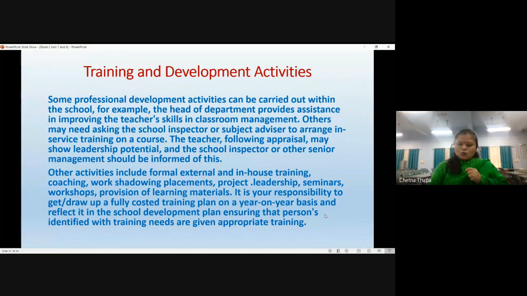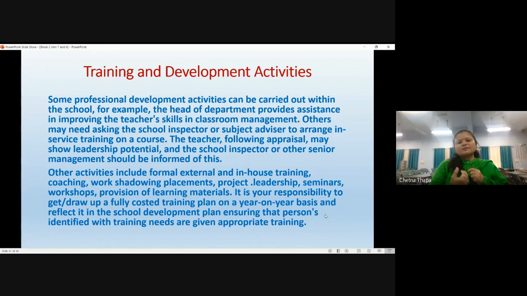You need to look forward to how you will plan a training program, considering the cost: how much it will require and when it will be required on a yearly basis.